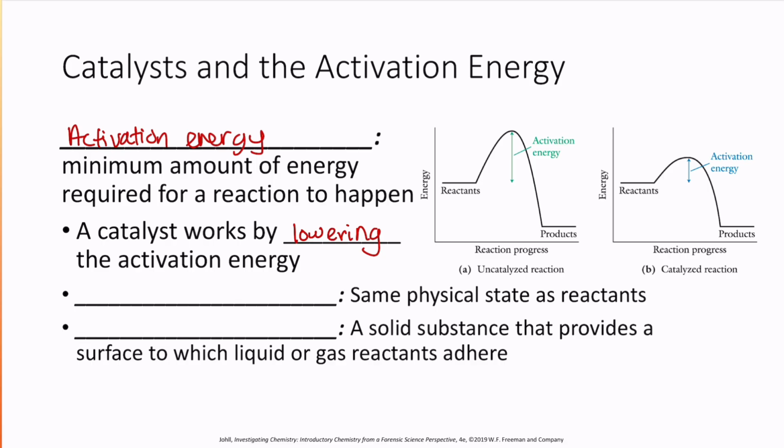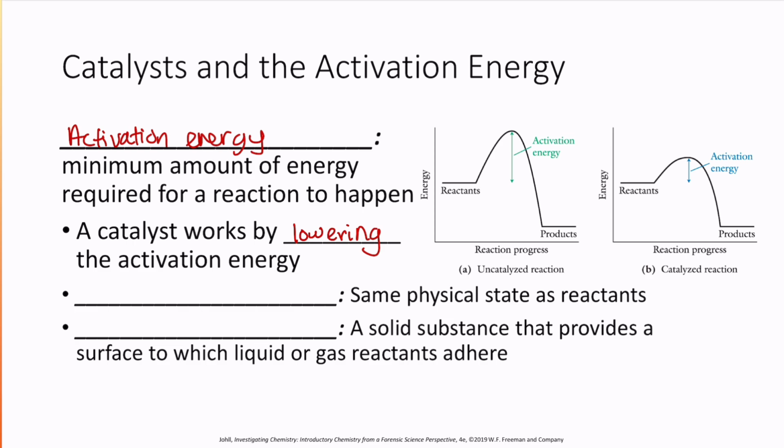If we look at the same diagram with a catalyzed reaction, notice that the activation energy is much smaller. So it provides a different pathway for the reaction to take place. And in doing so, it's going to make the reaction faster. If I don't have to reach as high of an energy in order for my reaction to take place, then it's not going to take as long.